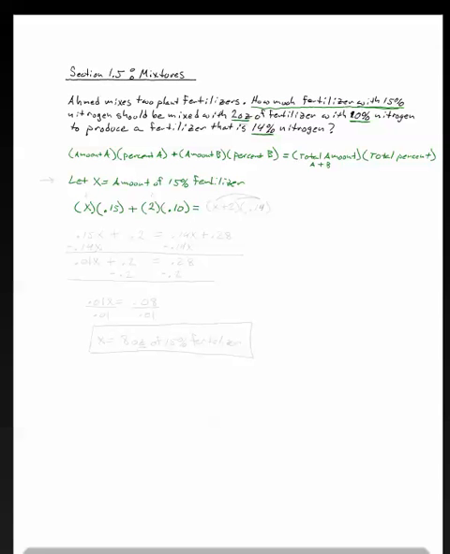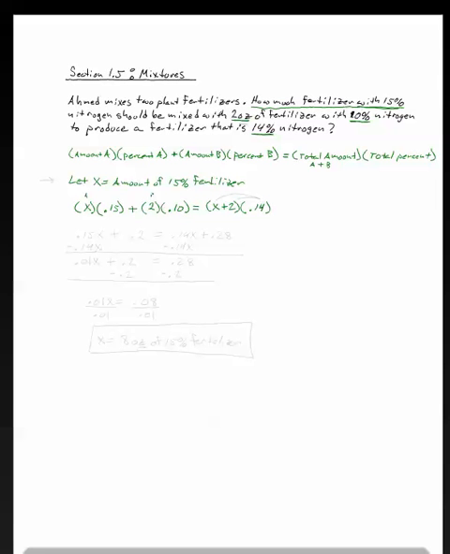Now our formula says we want the total amount, which is A plus B. Well, if A is X and B is 2, we get X plus 2, that's our total amount. And then our total percent, we want to end up with the 14%, so 0.14.